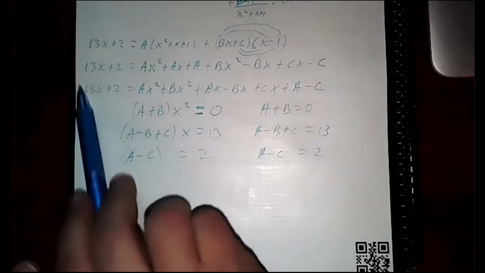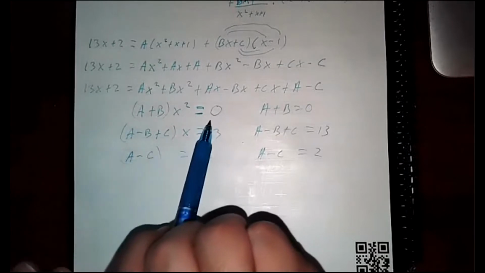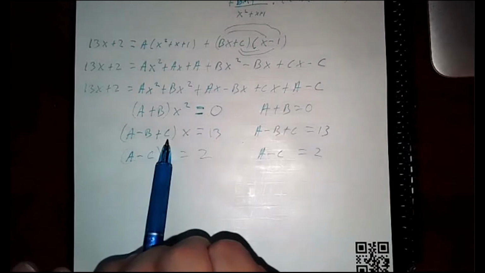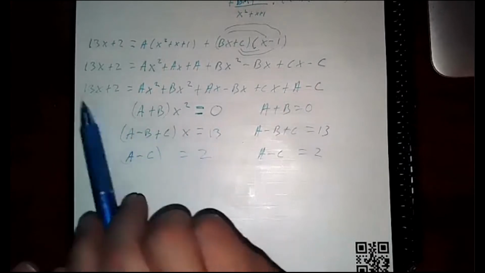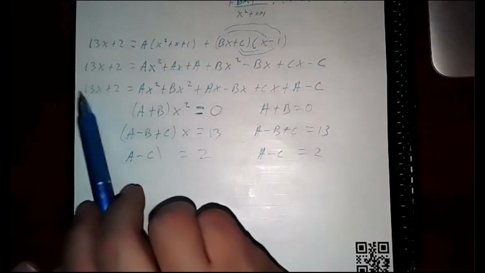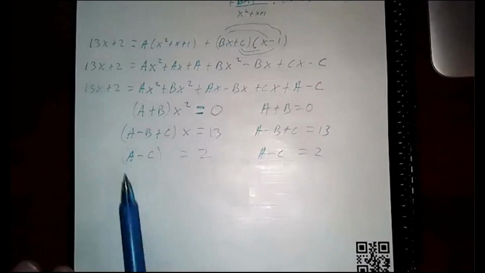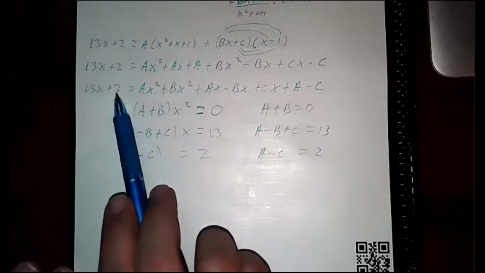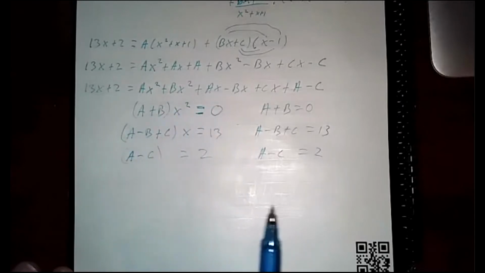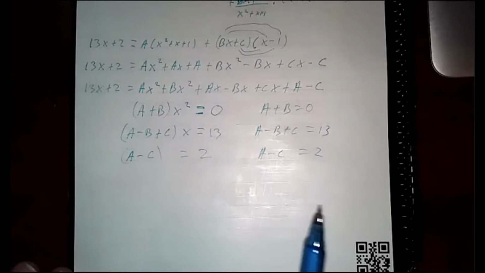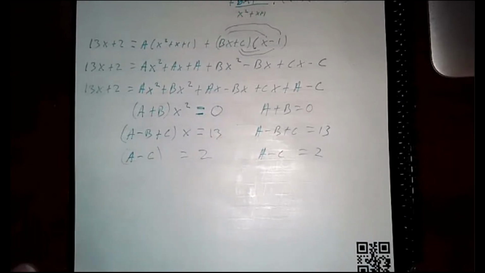No, there isn't any. So it's 0. Then you look at all the x's. This is the coefficient of that x. So you set it equal to the coefficient of the other side, 13. Set the constants equal to the constant, 2. That's where this came from. Okay. That makes sense?